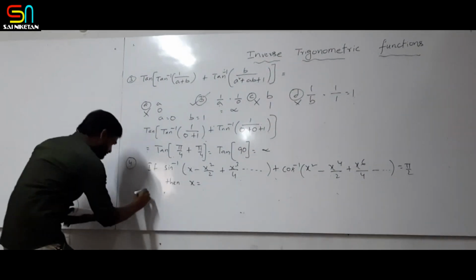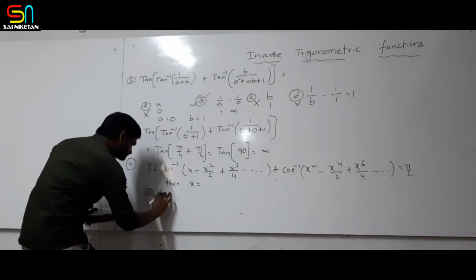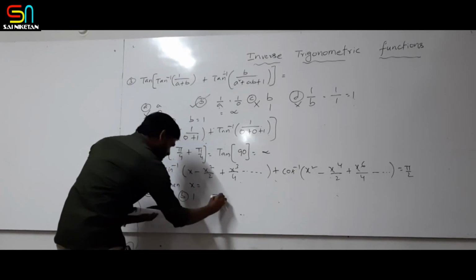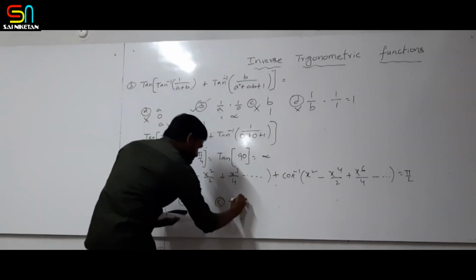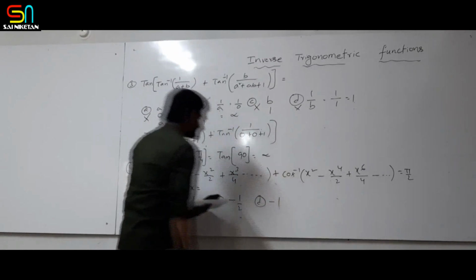Option A, 1 by 2; option B, 1; option C, minus 1 by 2; option D, minus 1.